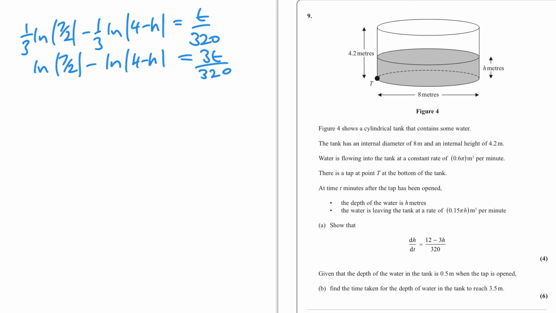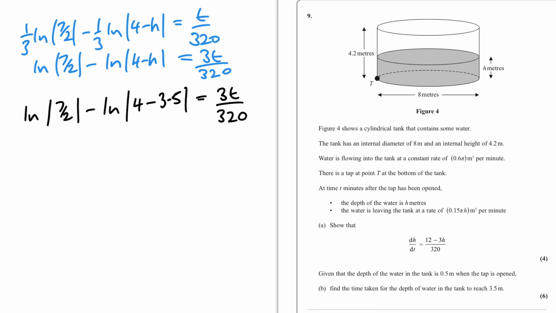So we want to substitute in 3.5, so ln 7 over 2 minus ln 4 minus 3.5 equals 3t over 320.